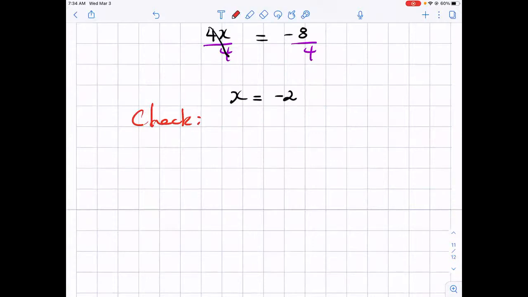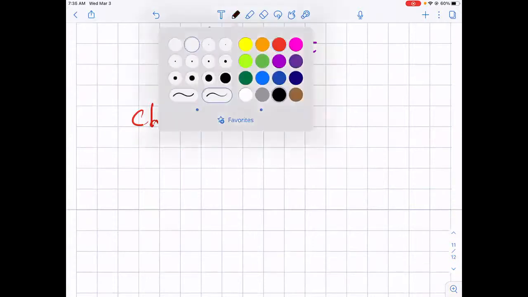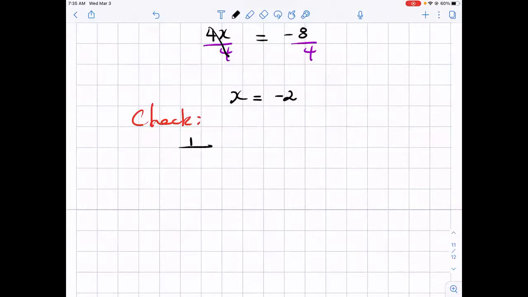So remember, our original equation is 1 over x minus 2 equals 3 over x plus 2 minus 6x over x squared minus 4.